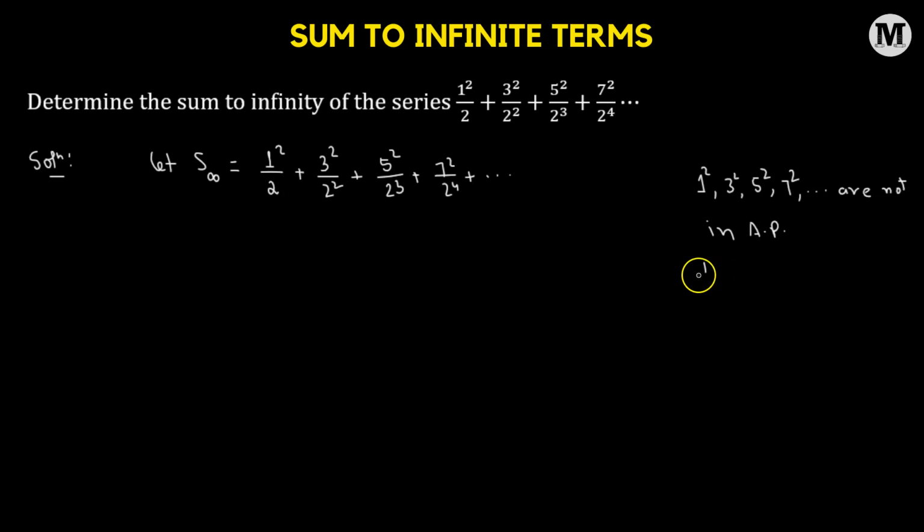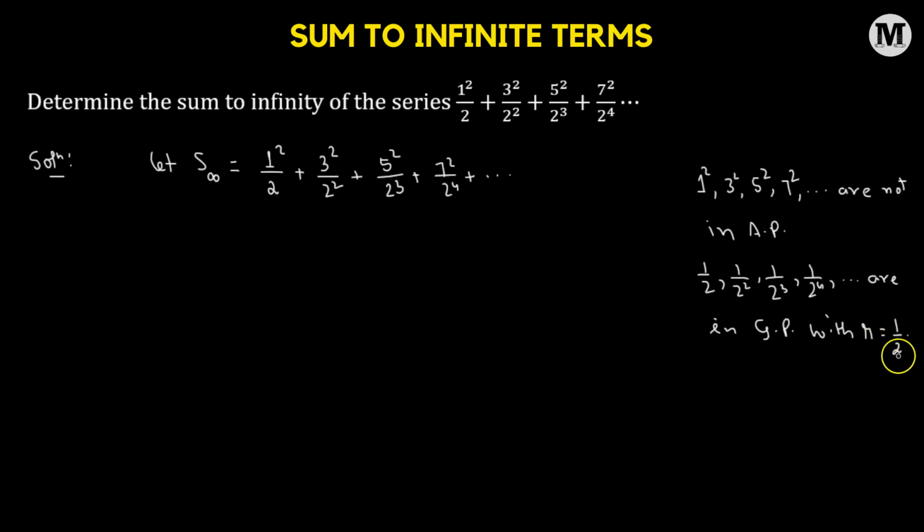However, if we consider from the first term 1/2, from the second term we have 1 over 2 squared, from the third term we have 1 over 2 cubed, then we have 1 over 2 raised to the power of 4. So these terms are going to be in geometric progression. So they are forming a geometric progression with the common ratio r equals to 1 over 2.